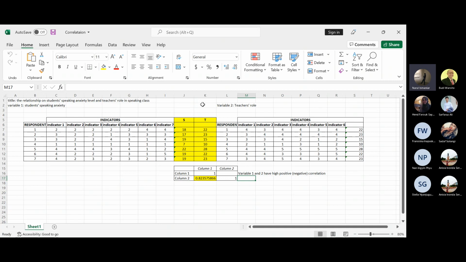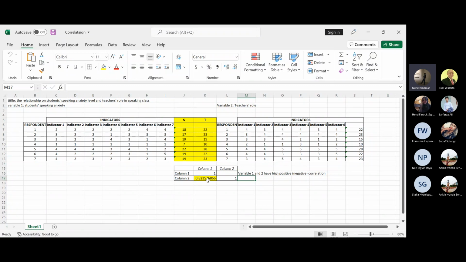After I got the cumulative of each indicator for variable 1 and variable 2, I did a data analysis as we did last meeting.